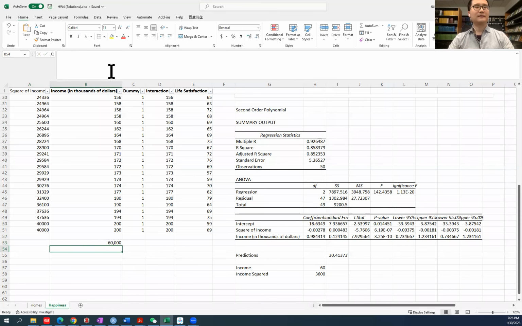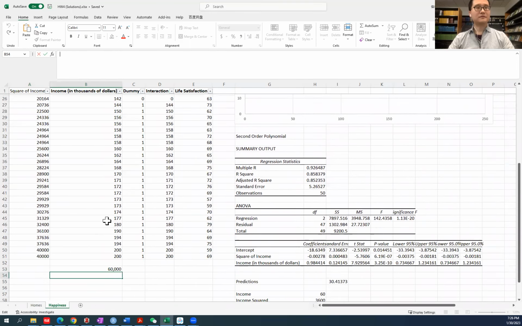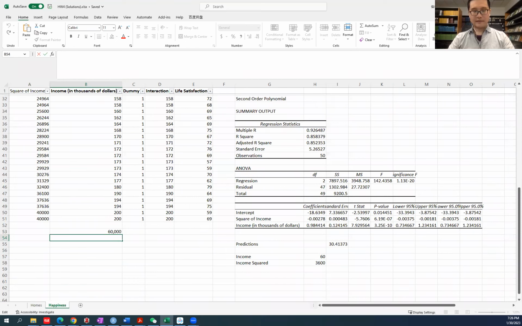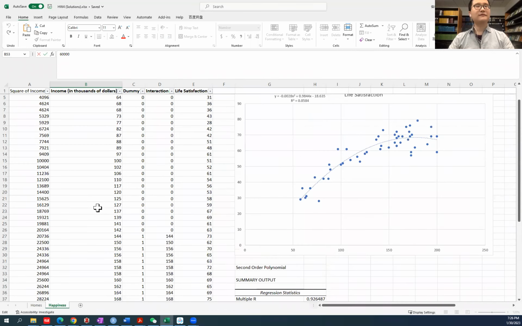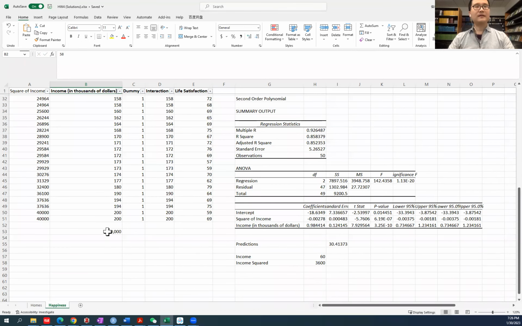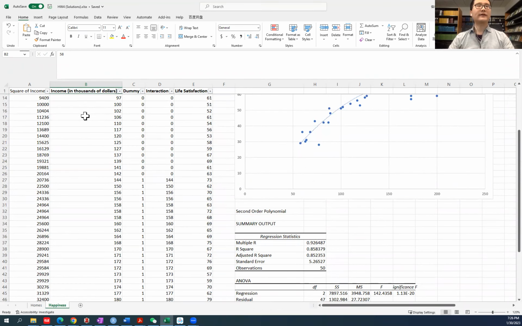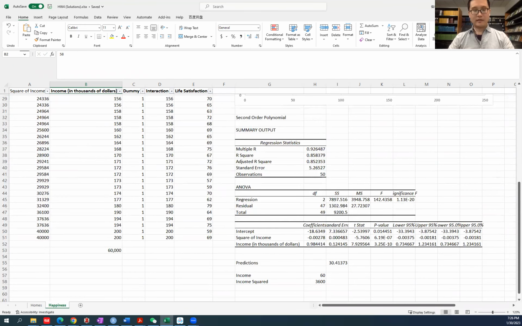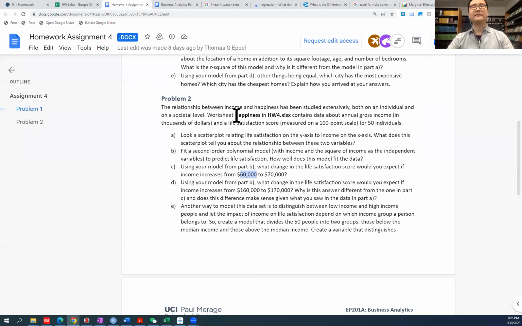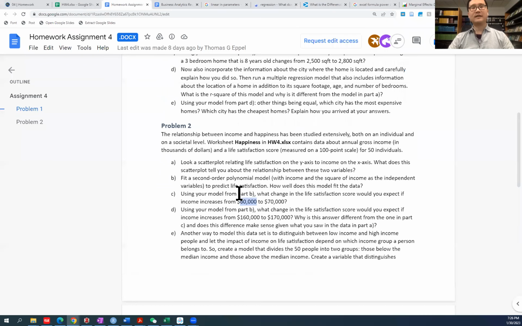So here we have income. You notice that this quantity looks very different from these quantities, because the income above in our sample is recorded in thousands of dollars, whereas in our homework question, it's in dollars.